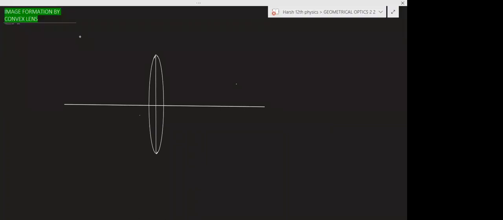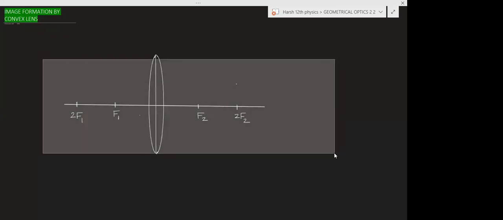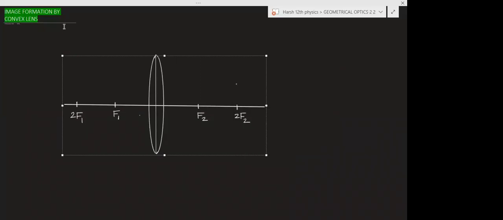This is f1, and this is 2f1, and this is f2, and this is 2f2. Okay.